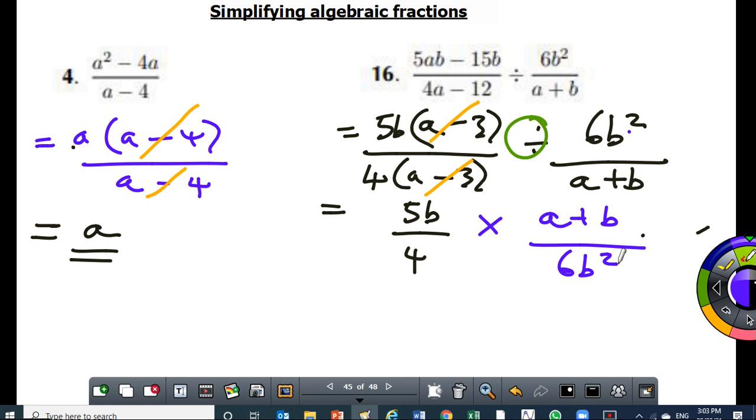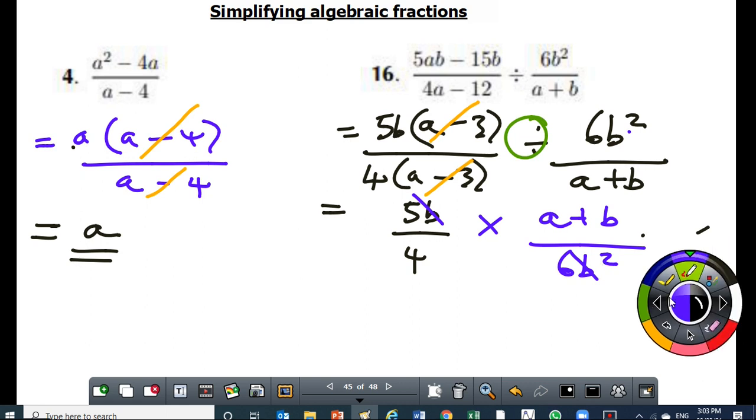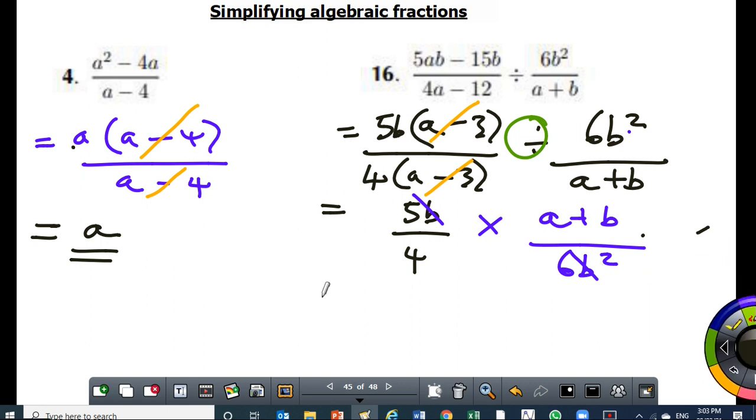Because we have got multiplication here, this b and one of these two b's are going to cancel out. So my final answer is going to end up being 5 times a plus b over 4 times 6b.